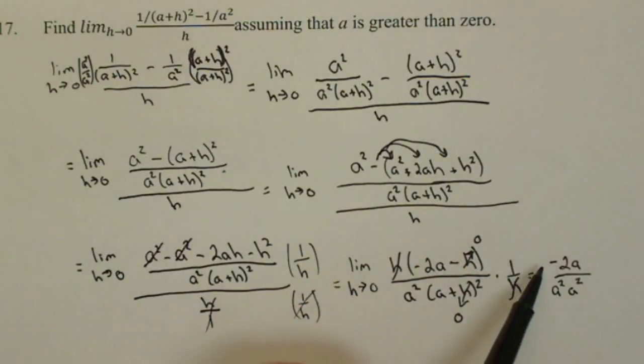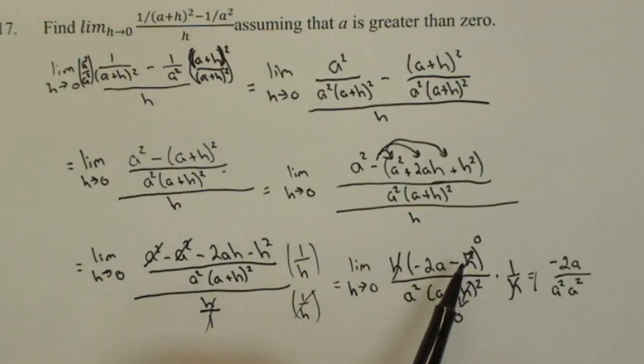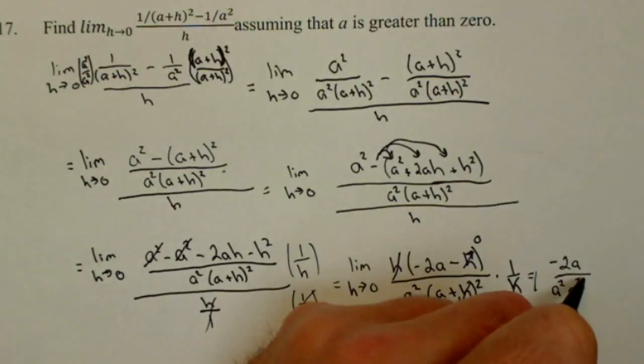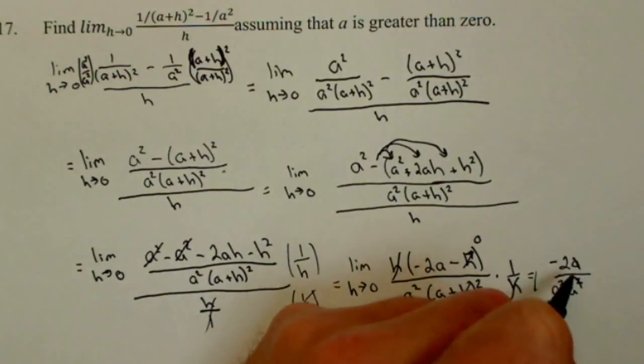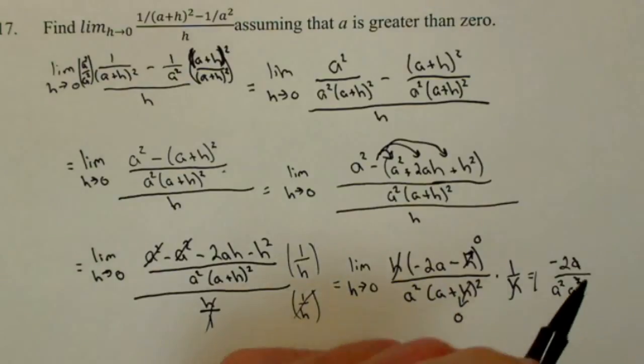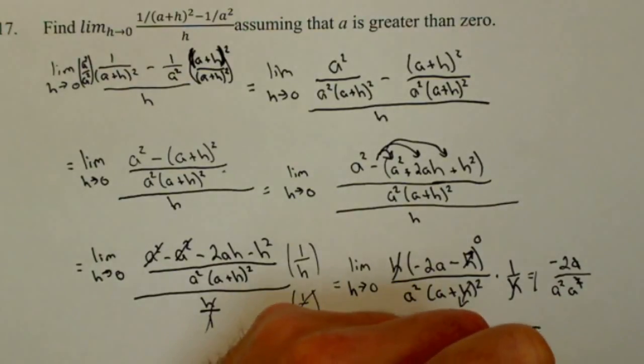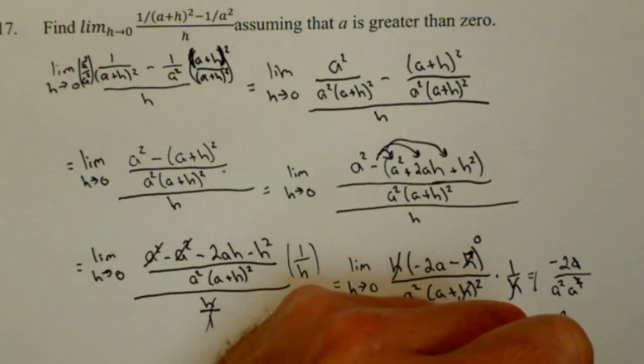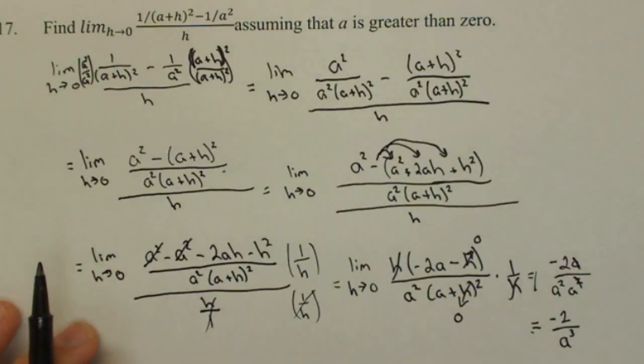Notice I'm no longer writing limit as h goes to 0, because I've taken the limit by substituting in 0 for h. I'm going to be able to cancel out one of the a's in the denominator with one on top, and instead of writing that as a squared times a, we'll write it as a cubed, and we get negative 2 over a cubed, and we are done.